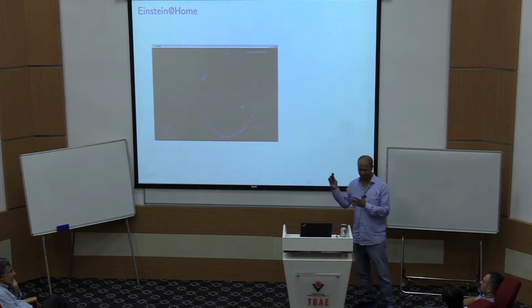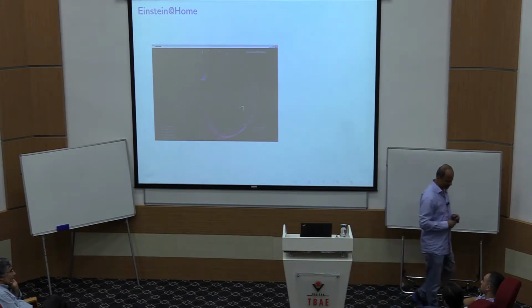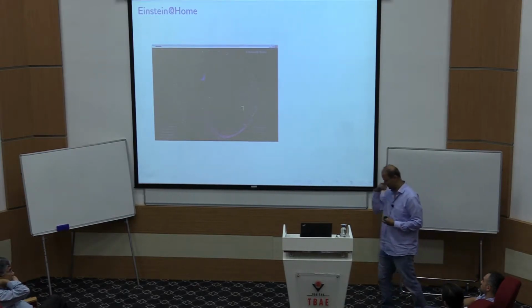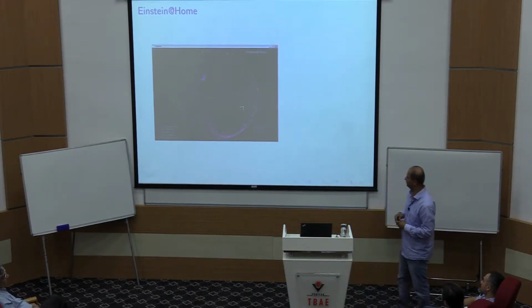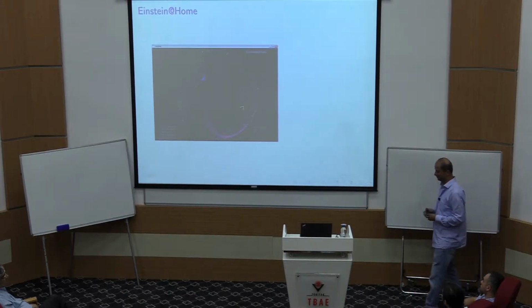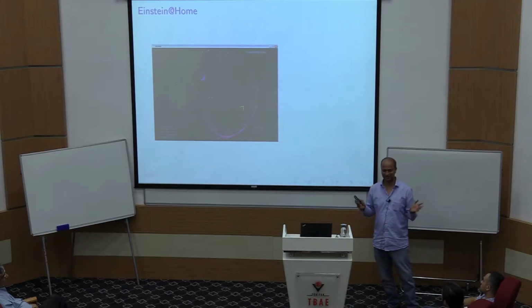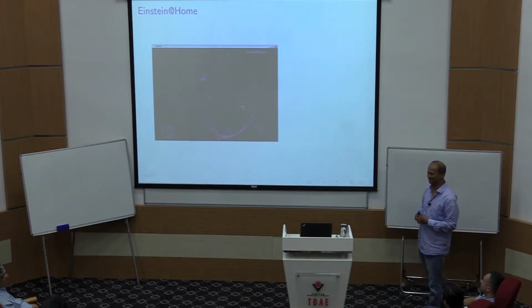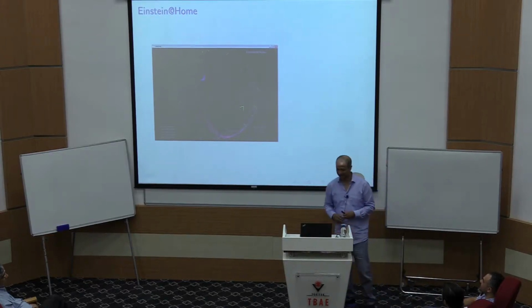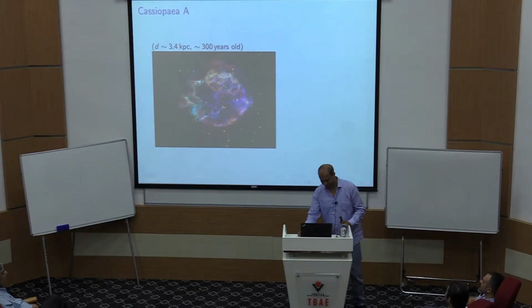If your computers make a detection, and in fact Einstein at Home has been used to make detections, not for gravitational waves so far, but for pulsars, gamma ray pulsars and radio pulsars, and hopefully we'll also make a gravity wave detection from Einstein at Home, then I think you'll get a t-shirt signed by somebody. So anyway, it's a huge help, and it's an easy way for you to participate in gravitational wave searches.